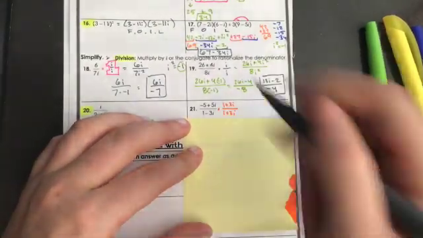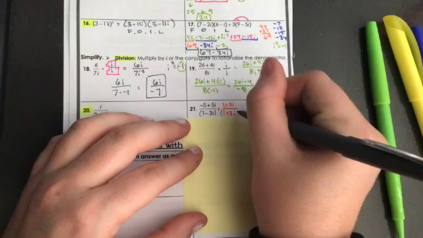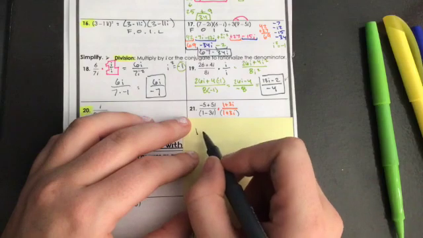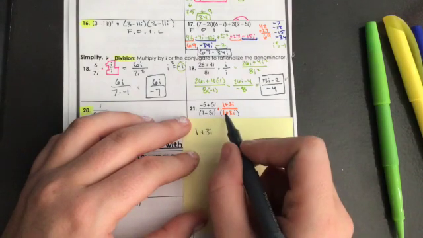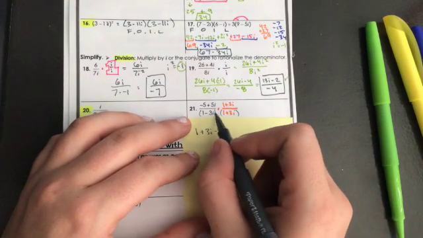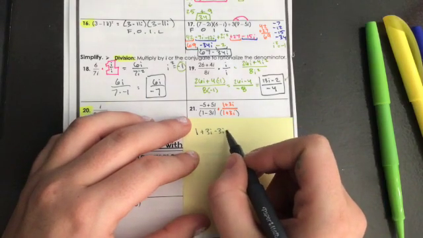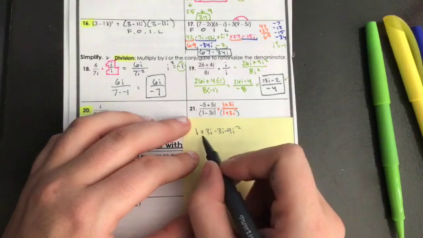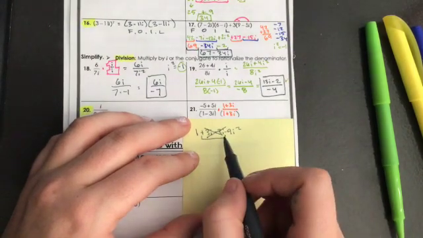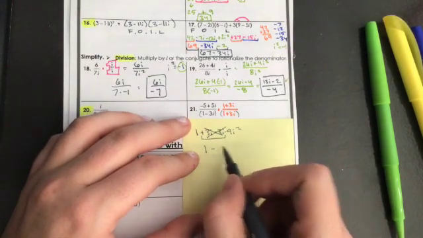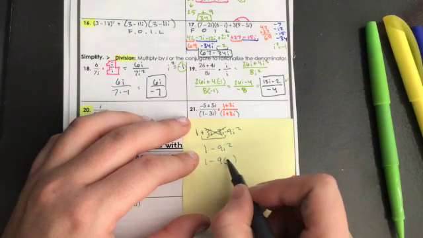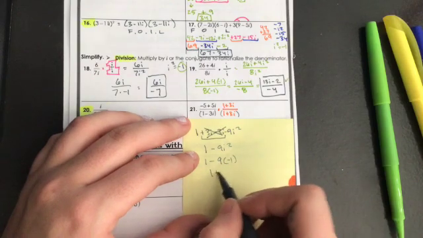The reason why I'm doing that, I'm not going to actually put this on my paper, but I'm going to show you that when you FOIL this, check this out. You're going to get 1 times 1 is 1. 1 times 3i is plus 3i. Negative 3i times 1 is negative 3i. Negative 3i times positive 3i gives me negative 9i squared. The conjugate gets rid of the middle, plus 3i minus 3i, and we get 1 minus 9i squared, which we know is the same thing as 1 minus 9 times negative 1, and we get 1 plus 9.